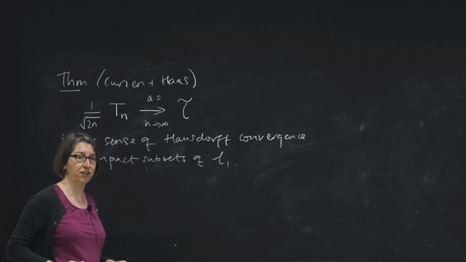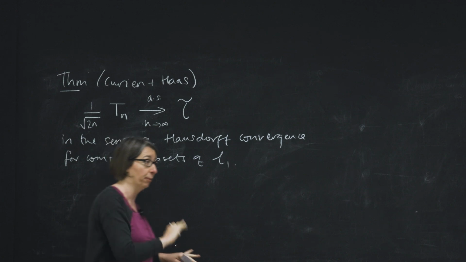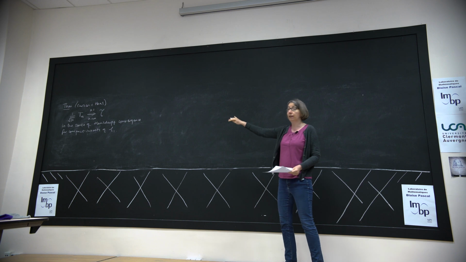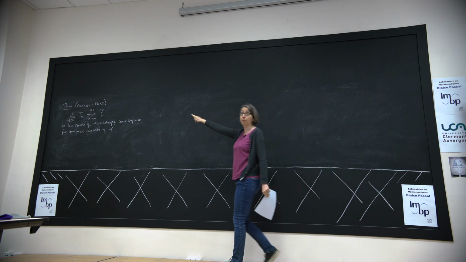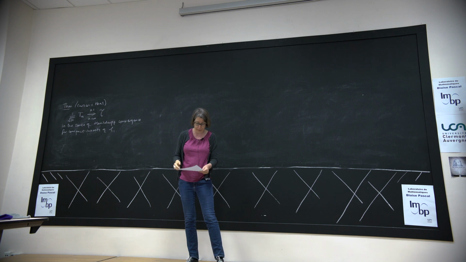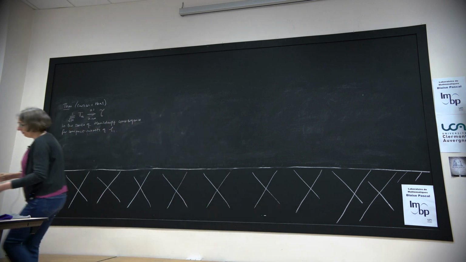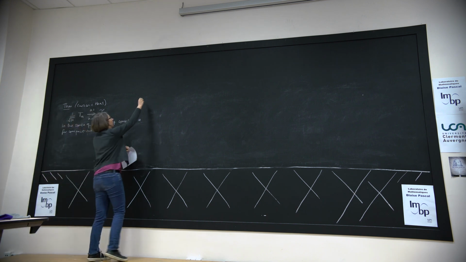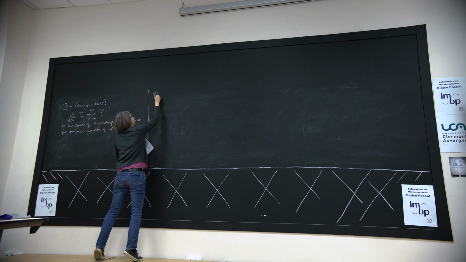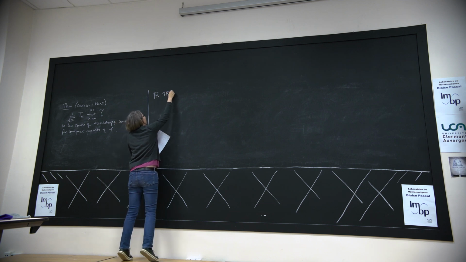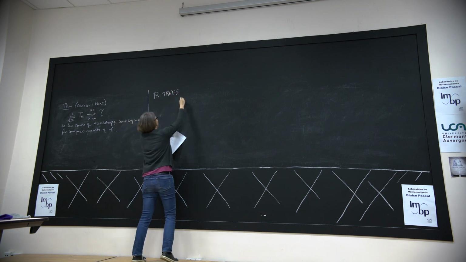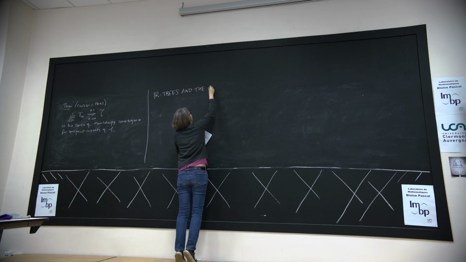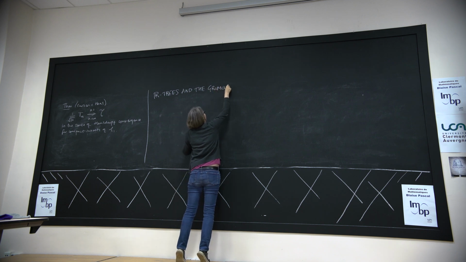Again, if this isn't meaning much to you right now, don't worry. We're about to step away from this way of looking at it and think about a different way of doing it. I'm not going to prove this theorem. I will later in the course deduce the convergence in distribution from a more general theorem that I will prove. So let me turn to the topic of today's lecture, which is R-trees and the Gromov-Hausdorff-Prokhorov distance.